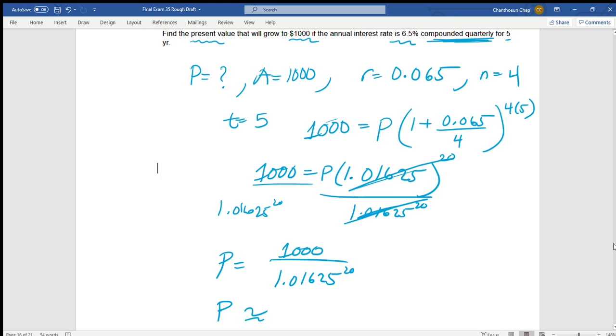And we'll round it to 2 decimal places because we're talking about money. And this gives me a value of $724.42. So we need to put that much in the account to end up with $1,000 in 5 years.